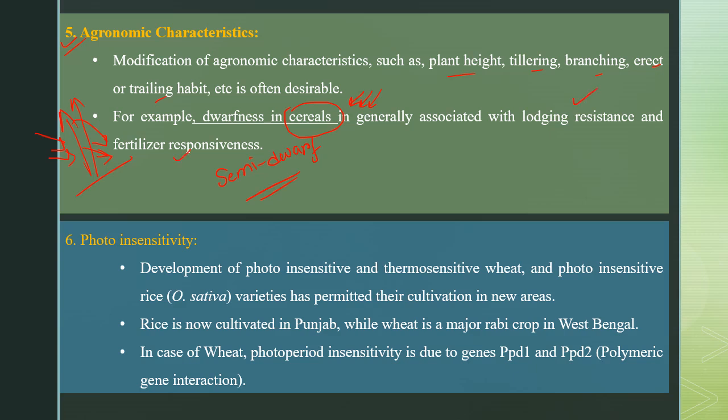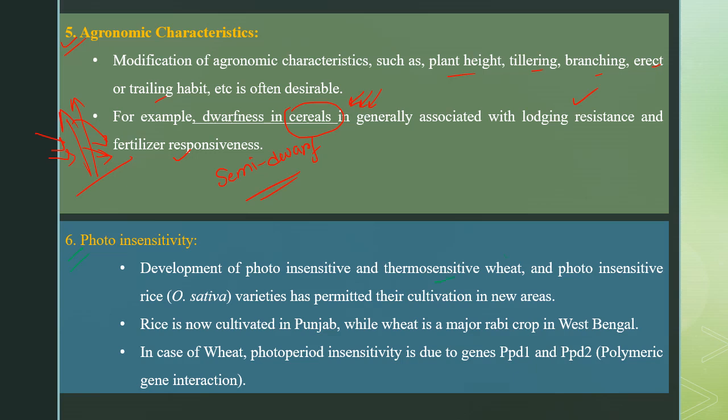So in those cases, dwarfness or plant height is one of the major breeding objectives. In sugarcane, long height is the major desirable character. After that, development of photoinsensitivity, which means it will not depend on the photoperiod, or thermosensitivity, which means it will depend on the temperature.